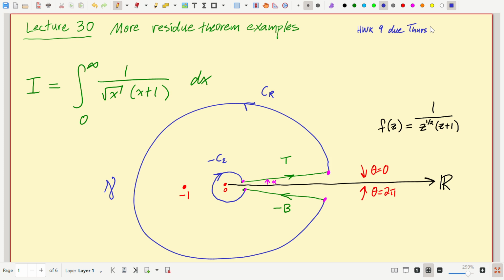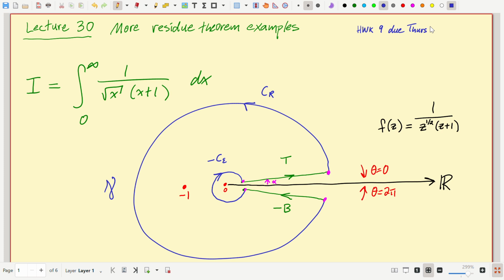Interestingly, when I come around to the other side on the bottom, B, the theta would be going to 2 pi. And so as I let that alpha angle, the minus alpha, go to 0, it turns out that I don't get something that cancels the top. I get something different. It's actually something times the top integral. And so they don't cancel, and that's what is going to allow me to calculate the integral I want.